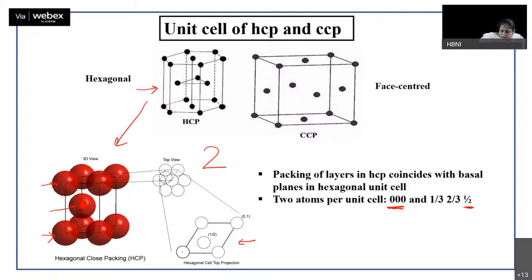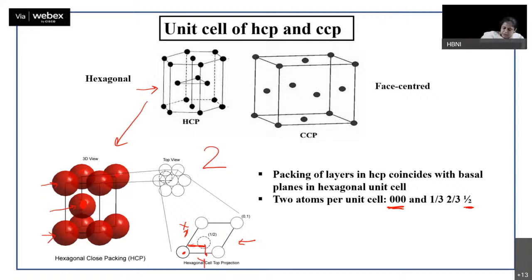Now, suppose this is the 0, 0, 0 point, then the coordinate of this particular atom would be 1 by 3 if this is the x-axis and this is the y-axis. Either way, x and y you can interchange, that doesn't really matter.